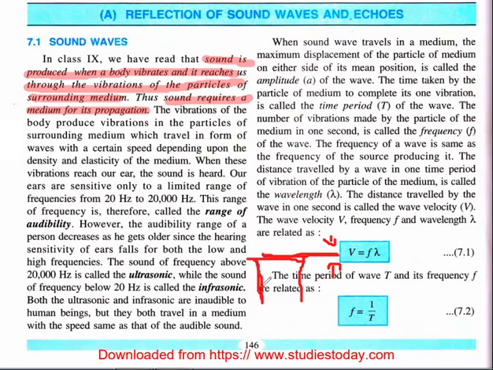The table is the surrounding medium for the sound producing body, that is the scale, or you can say the vibrating body. Sound requires a medium for its propagation. So this is the medium. Therefore, that is why we can hear the sound of the vibration of the body, that is a scale, right?